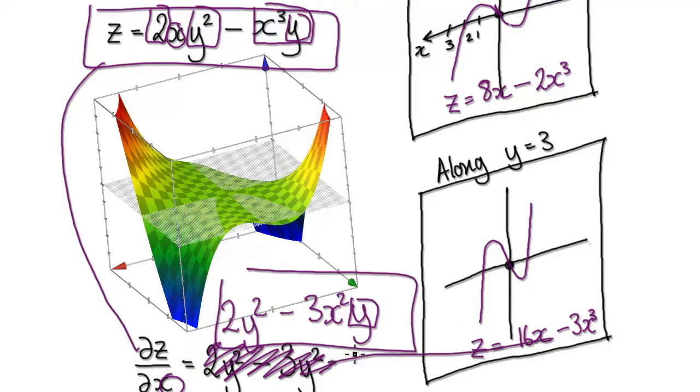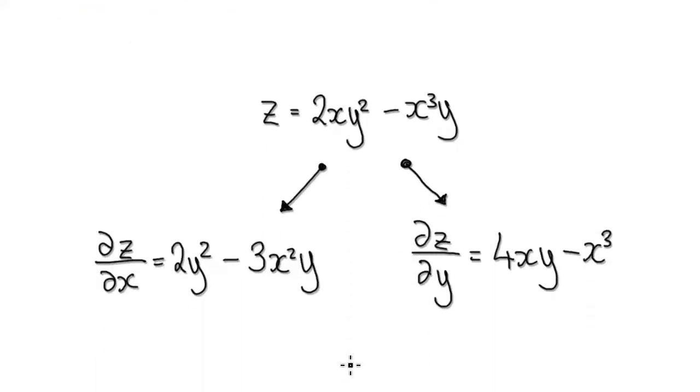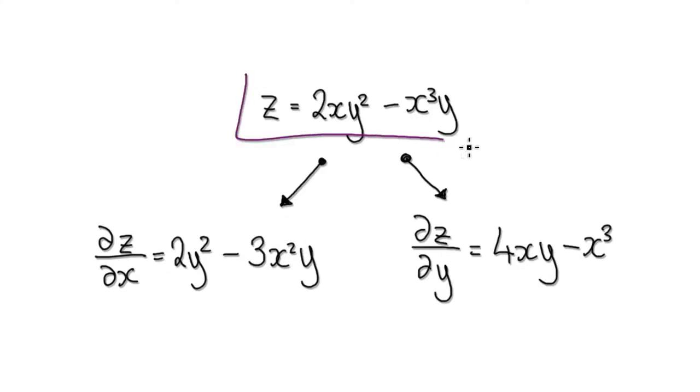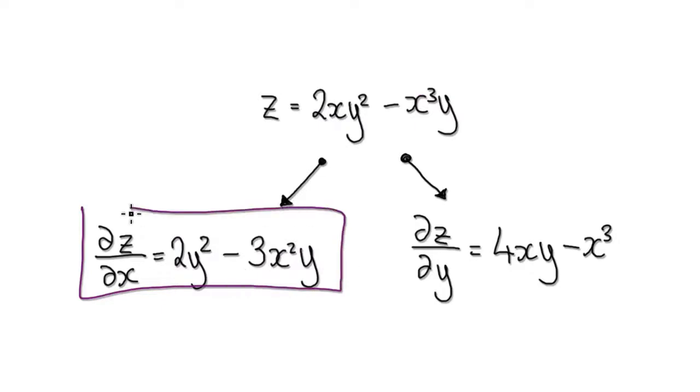Okay, so given a surface, when you partially differentiate it with respect to x, you've got to treat this as a constant. So this is a constant, this is a constant, this is a variable here. So merge these two together, that will then give you this, and then this is a constant, this is a variable here. So the 3 will come down, the x stays intact, the power gets minus by 1, and don't forget y is a constant. So when you partially differentiate it with respect to x, it will give you this.